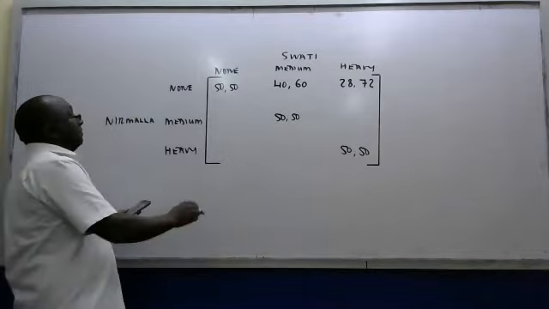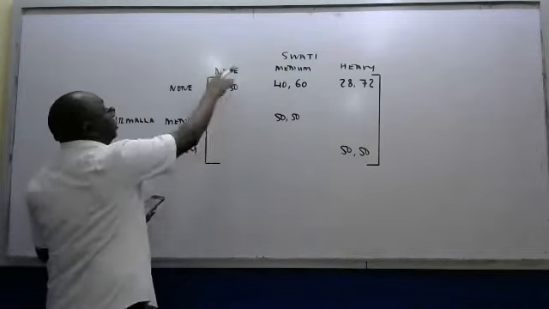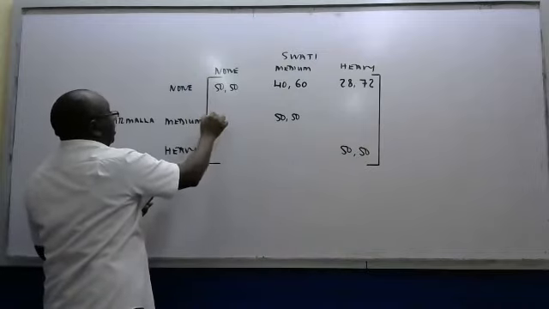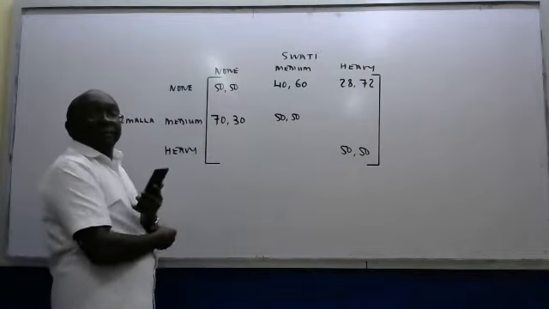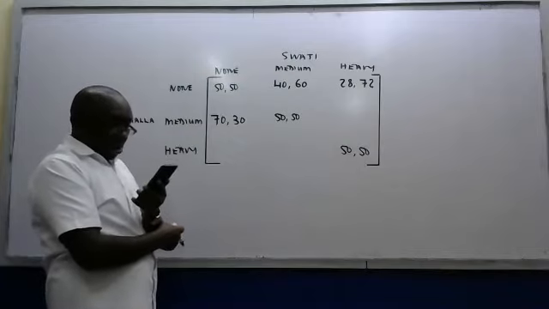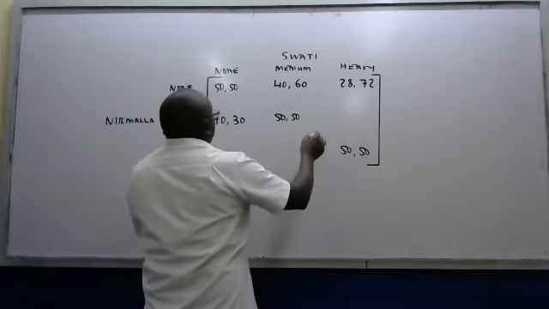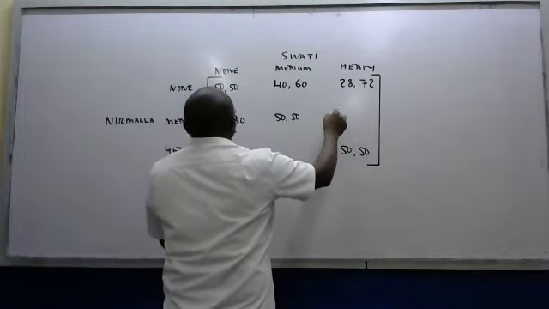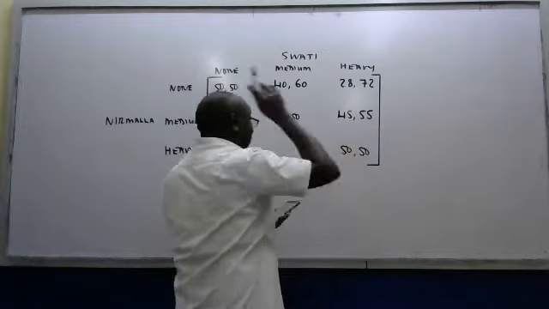That means if Nimara goes for medium and Swati does nothing, Nimara will get 70%, so the other one will be left with 30. And if Swati goes heavy, Nimara gets 45, so Swati will be left with 55.